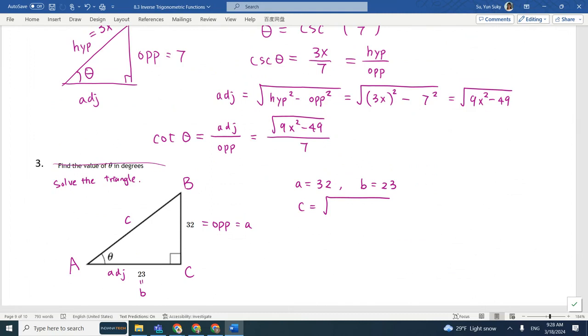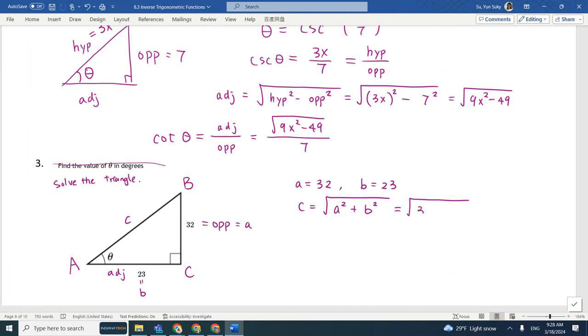And what is C? Square root of A squared plus B squared. Yes, everybody? And keep the exact answer. Okay, let's see.